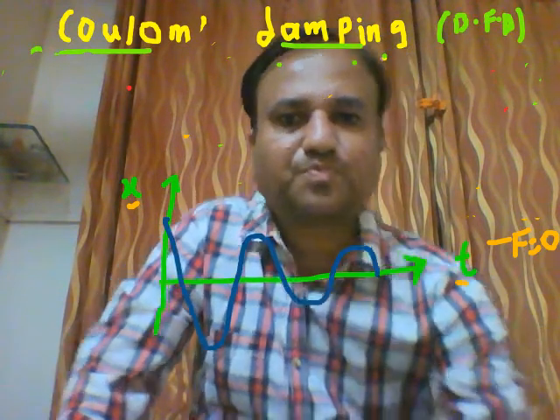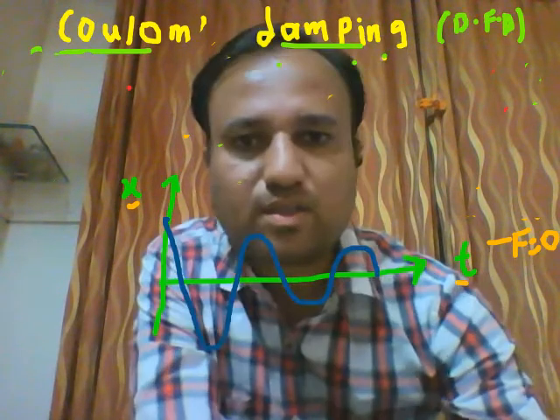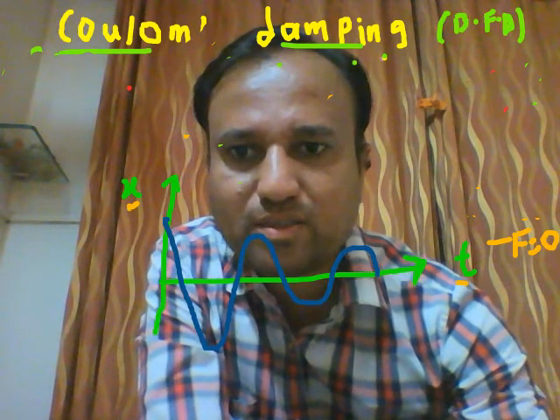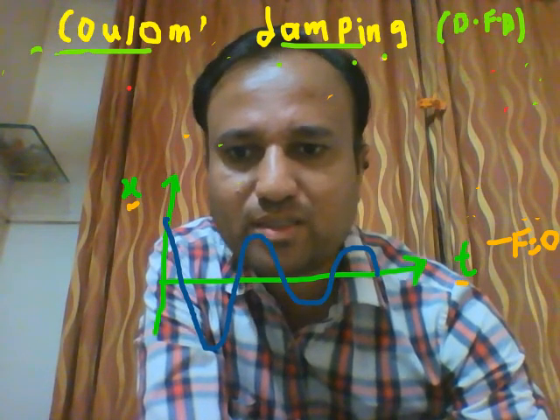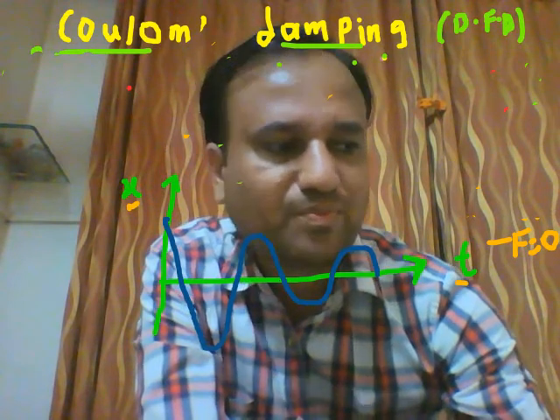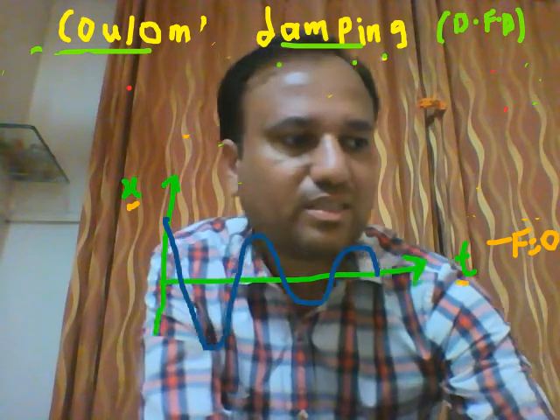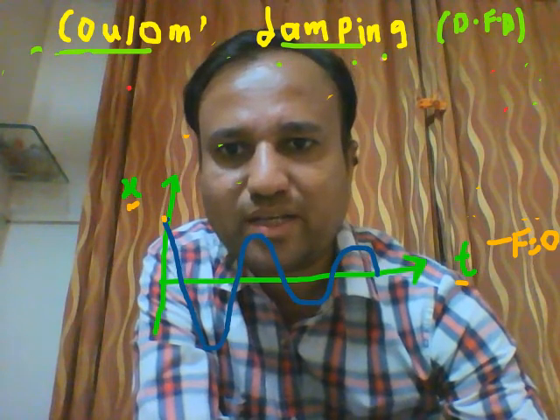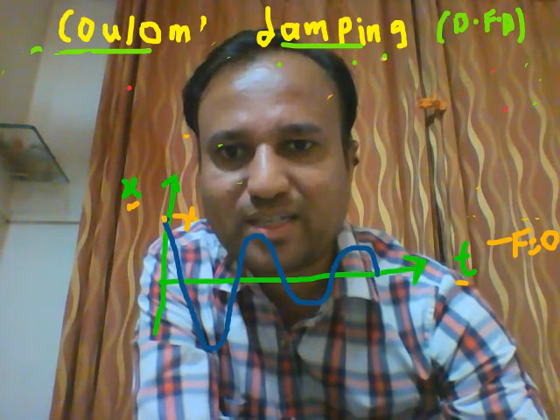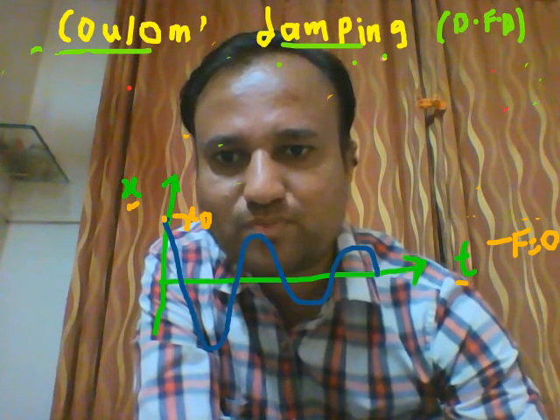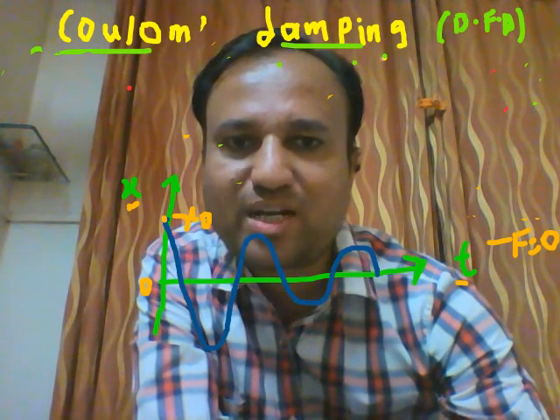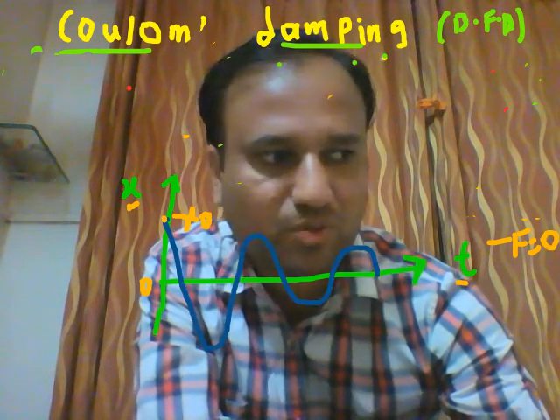Now student, the variation of x versus t I have plotted for a single cycle. So let initially x be x0, that is, when t is equal to 0, the corresponding displacement x is x0.